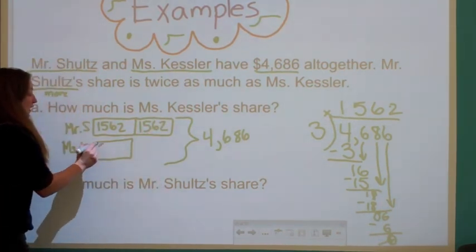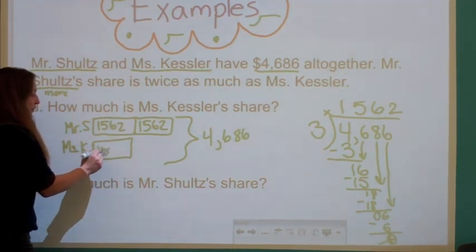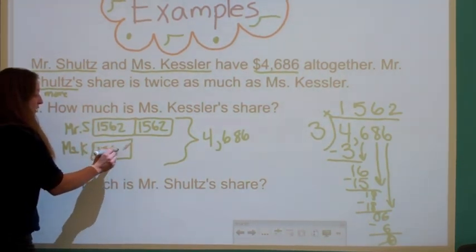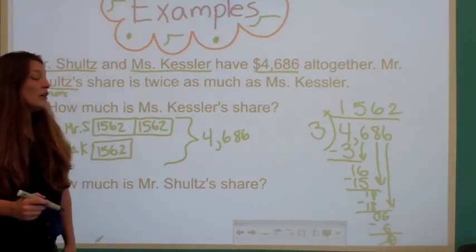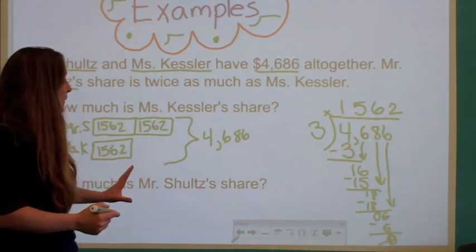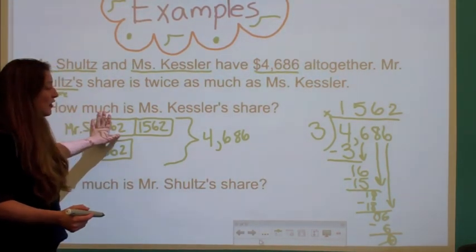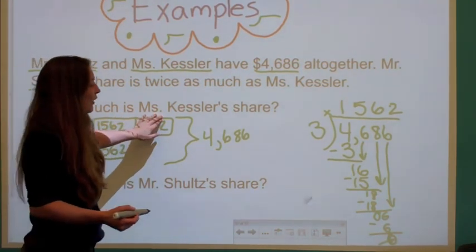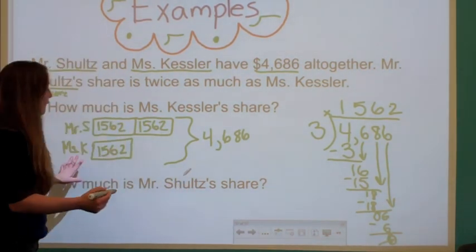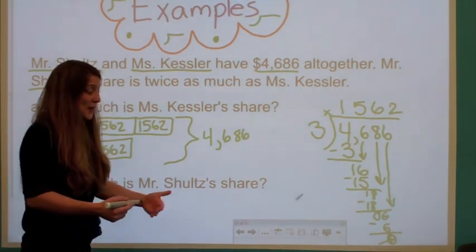And since these pieces are all the same, they're equal, this piece is 1,562. So I solved it. Now I'm going to check. Does this answer my question? How much is Miss Kessler's share? I found out how much it is, but I didn't write my answer, so that's the next step for me.